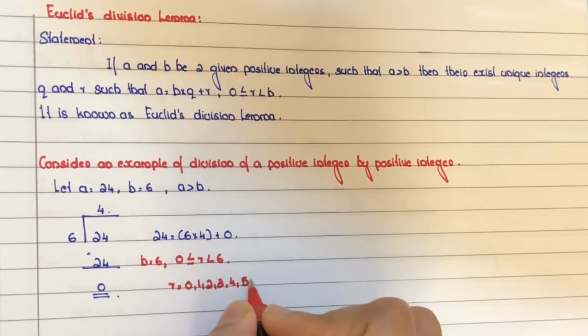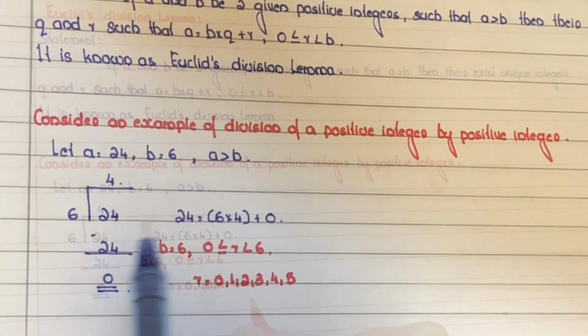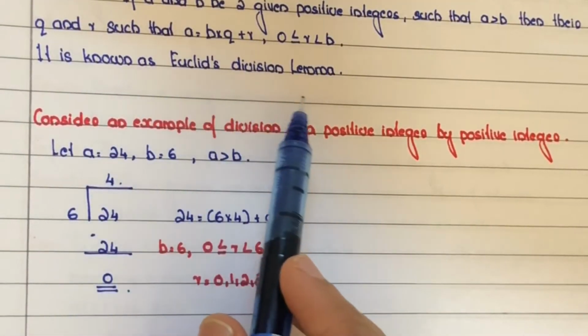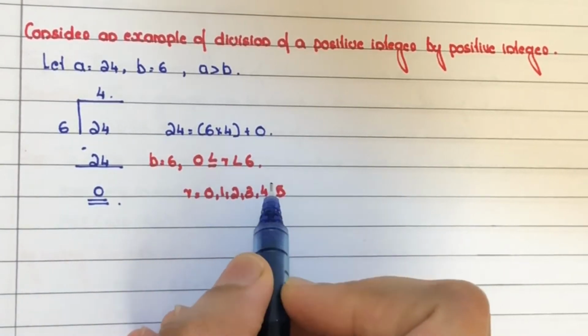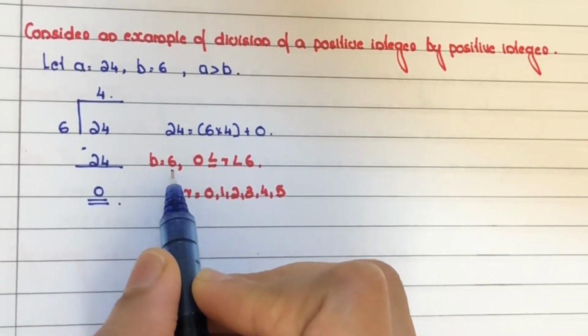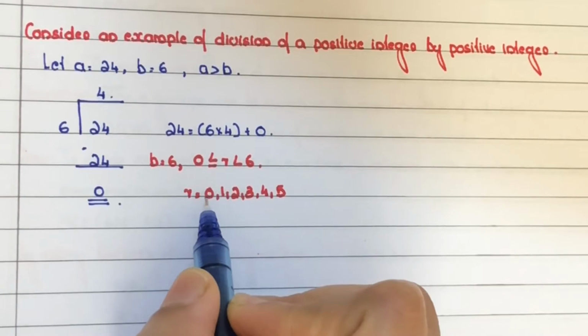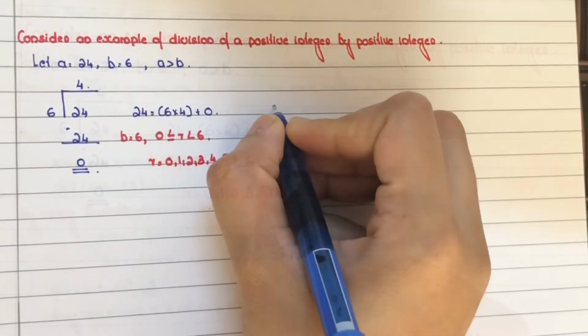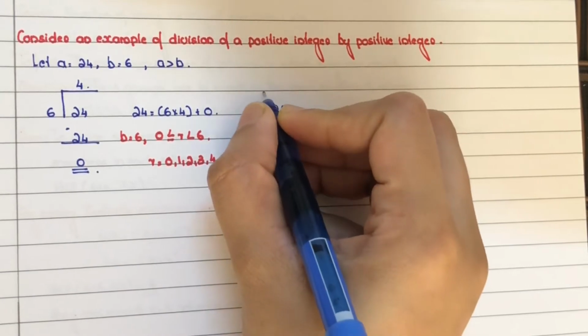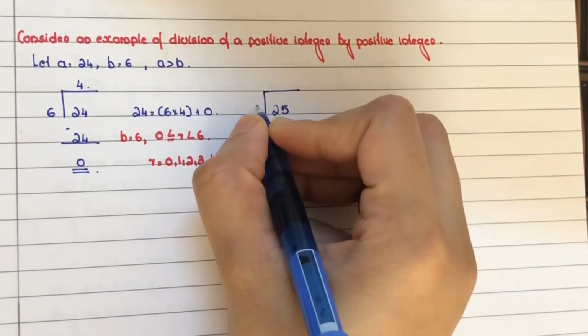So less than 6, up to 5. It is known as Euclid division lemma. Next we can prove this condition. That is, if b is equal to 6, then the value of r should be 0, 1, 2, 3, 4 and 5. Next, divide 25 divided by 6.